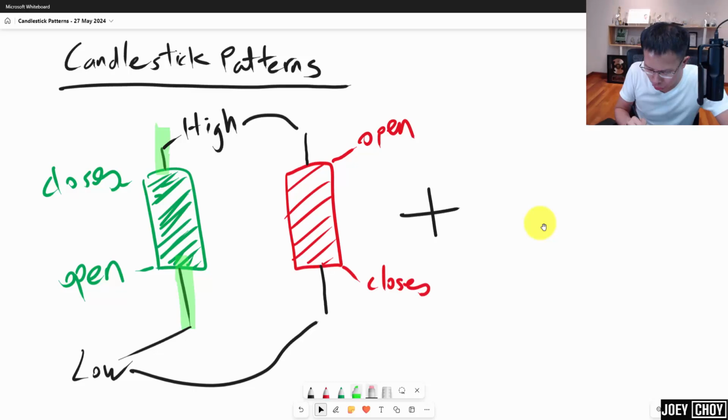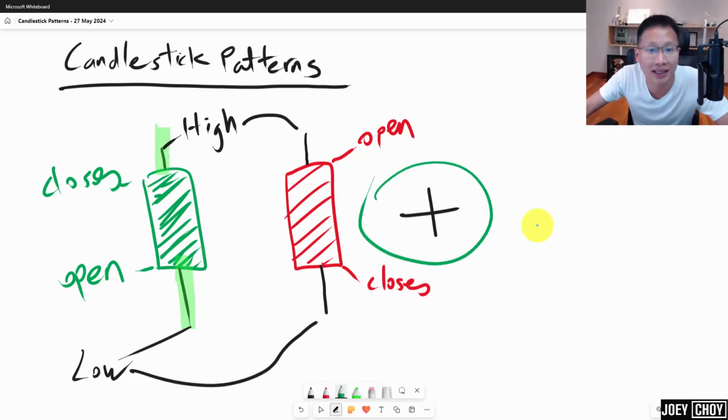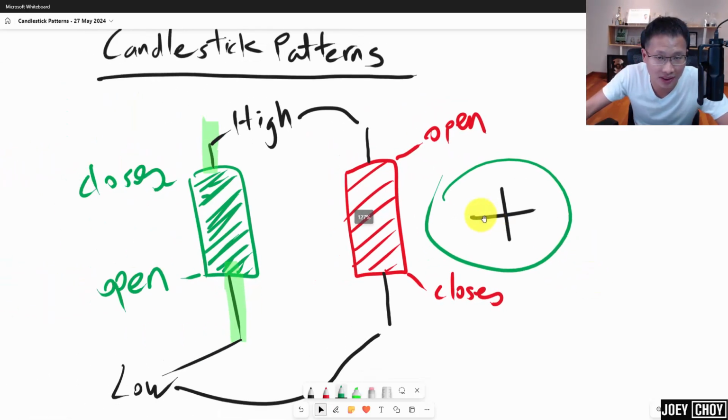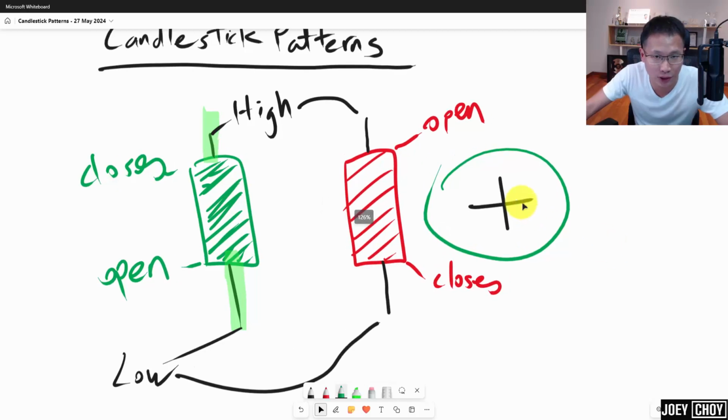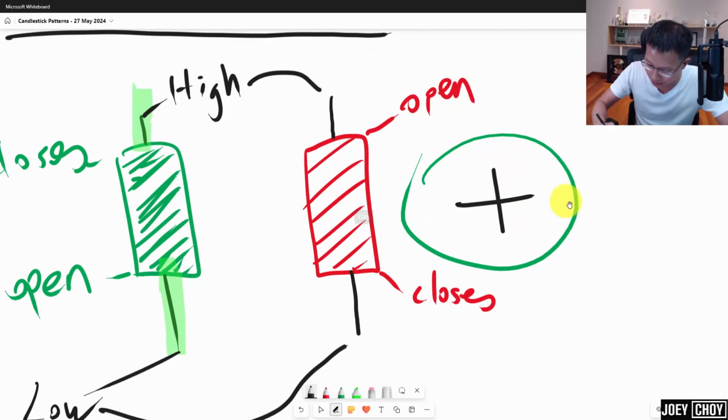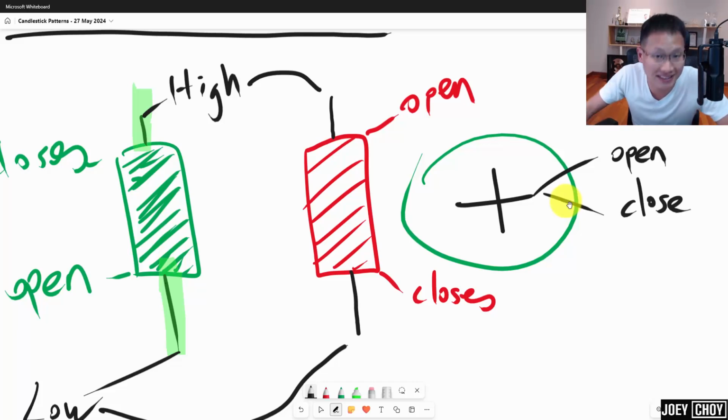So this one, you can see that there is no color, all right? It's just like a cross, so there's no red or green at all. Why? Because this just means that the opening price and the closing price are the same, right?